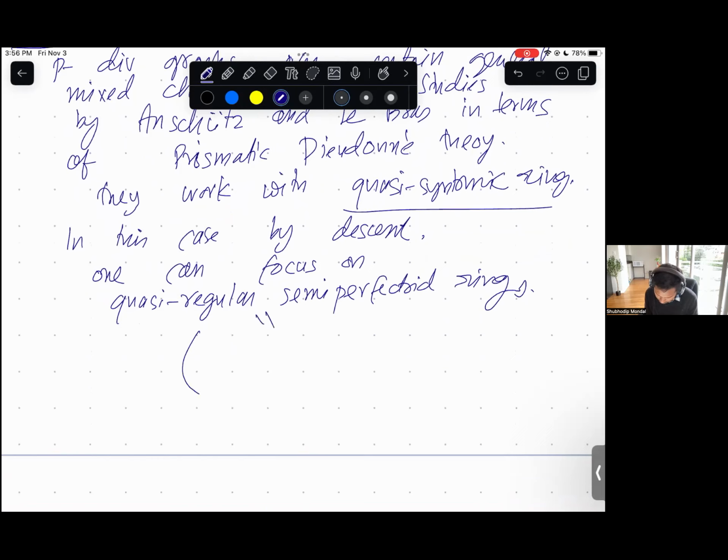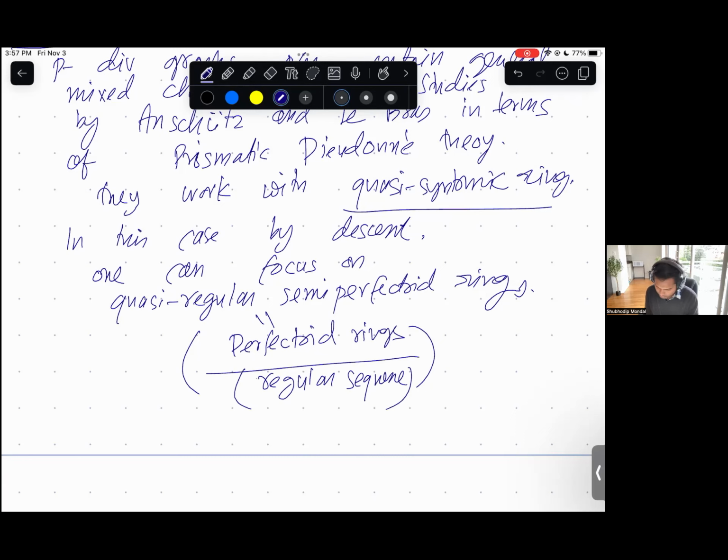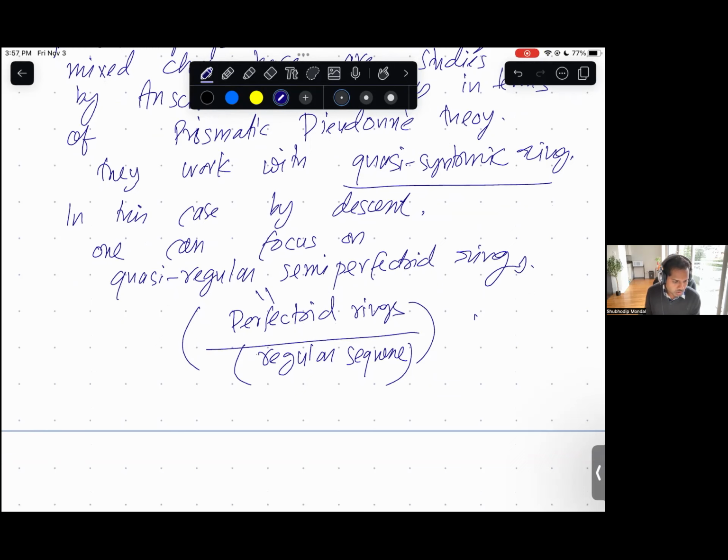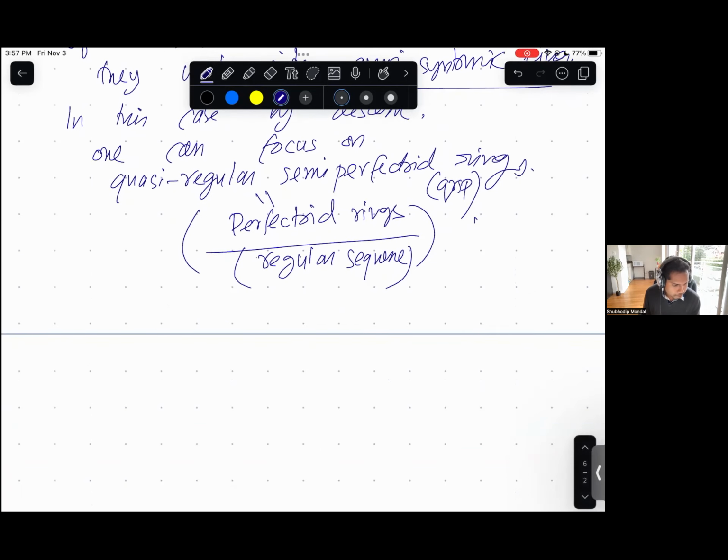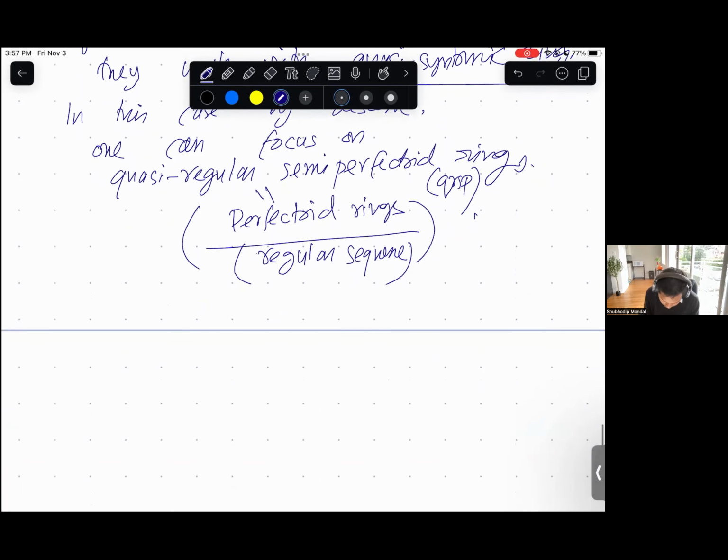Roughly speaking, one way to think about this is that they are quotients of perfectoid rings by certain regular sequences. In short, sometimes they're also called QRSP. Okay, so let R be a QRSP algebra.